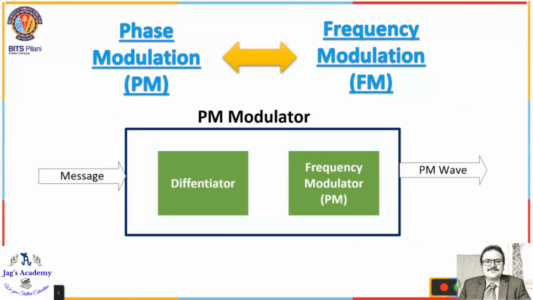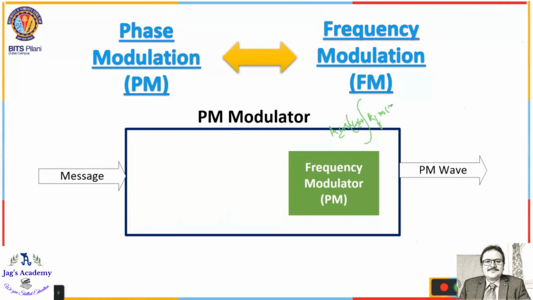Try to understand this. See here, what I am trying to tell you is that what you want is the phase modulator, right? What is given is a frequency modulator. What is the equation for this frequency modulator? Ac cos of omega c t plus integration of kf into m of tau d tau, right?